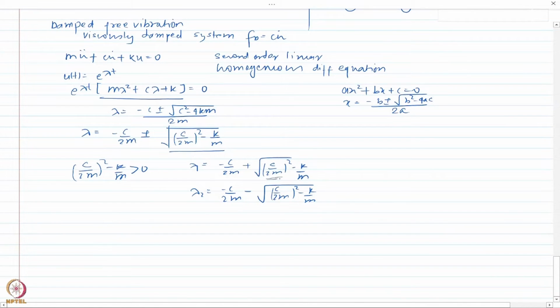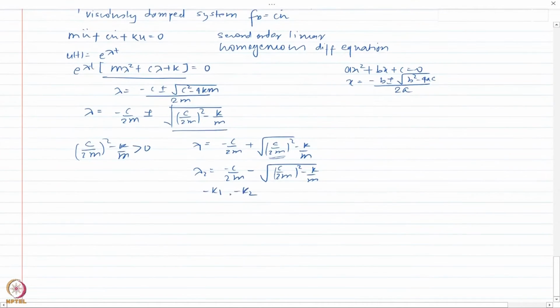Remember I have c by 2m here, but then I have another term k by m which is actually subtracting from it. So the positive term here is actually less than this, so this would again be a negative number, and this would of course be negative because there is a negative sign here. So let us say that my two roots are actually minus k1 and minus k2, where k1 and k2 are positive numbers.